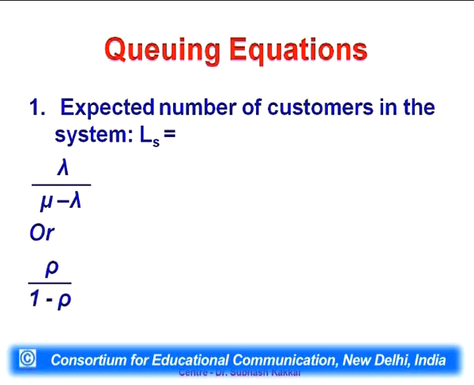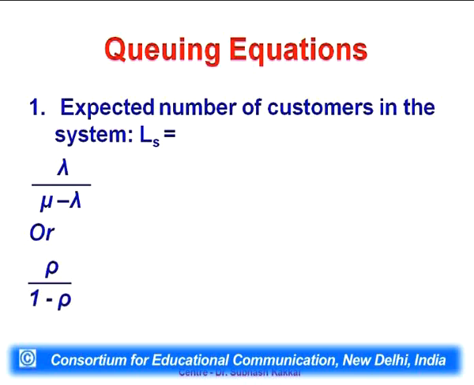Ls is equal to lambda by mu minus lambda, where lambda is the average arrival rate, mu is the average service rate, and Ls is the queue length in the system.